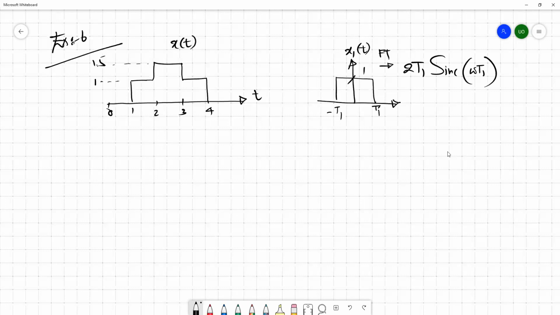Now you are asked to find the Fourier transform of this. By looking at this shape, we can easily identify two blocks. One is something like this.